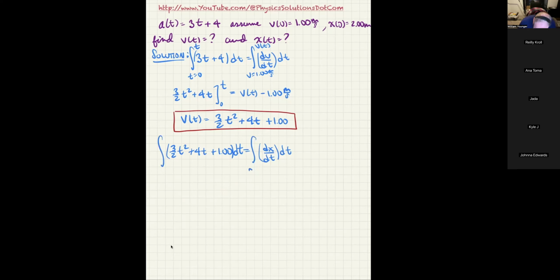So this is going to be from x0 equals 2.00 meters to x of t, which is what I'm solving for. And this one's going to be from t equals 0 to t. Now, when I integrate, this becomes basically 1/2 t cubed plus 2t squared. Sorry about that.